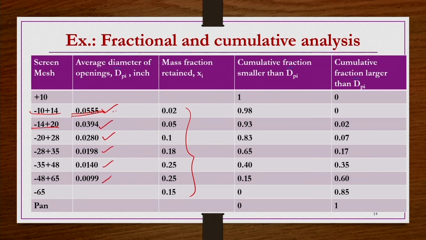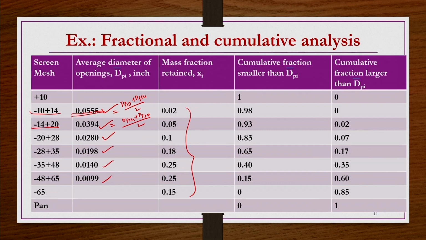Other averages also like this. For simplicity I write dp10 plus dp14 by 2 is this number. This number is dp14 plus dp20 by 2, that is screen opening of 14 mesh plus screen opening of 20 mesh divided by 2, arithmetic average. So, all these average diameters dpi bars are given, then mass fractions are given, right.